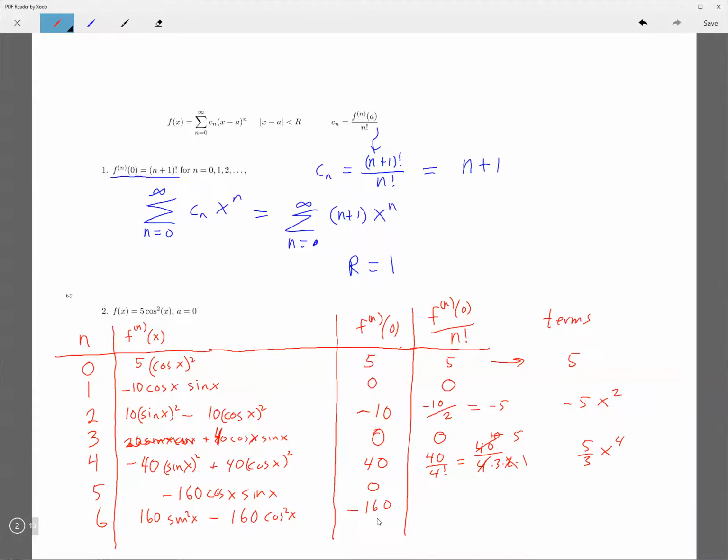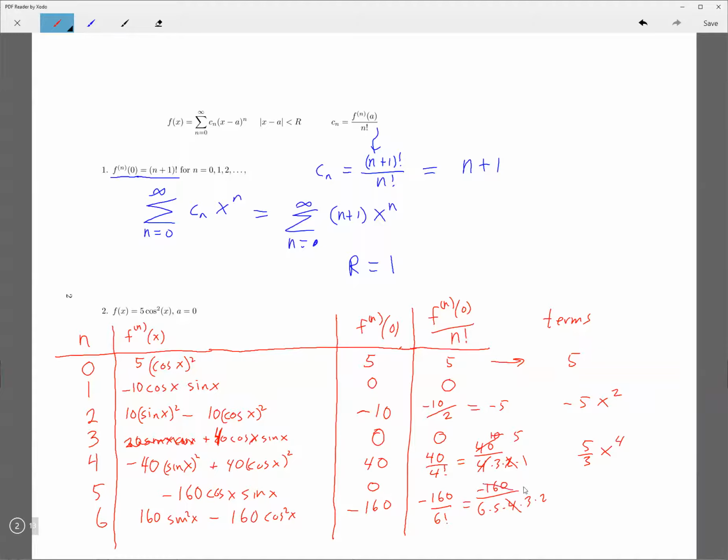Wait a minute. That should be right. Okay. So negative 160 over 6 factorial. Ooh. This is painful. 6 times 5 times 4 times 3 times 2. Okay, so let's see.